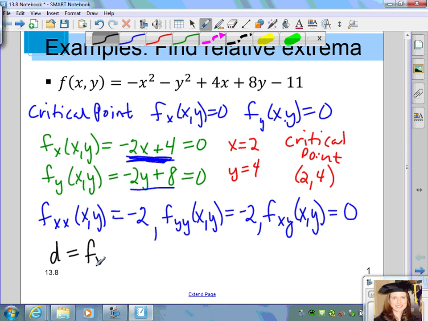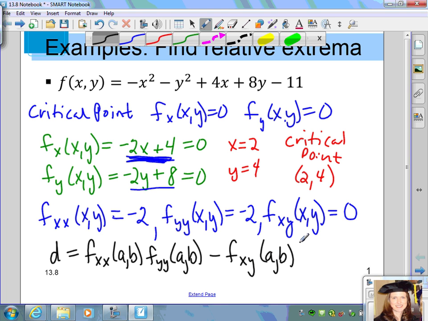It's your second partial with respect to x evaluated at (a, b) times your second partial with respect to y evaluated at (a, b) minus that mixed partial evaluated at that critical point, that quantity squared. And the critical point (2, 4) is going to be your (a, b).